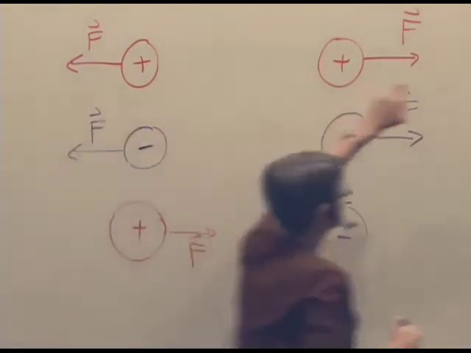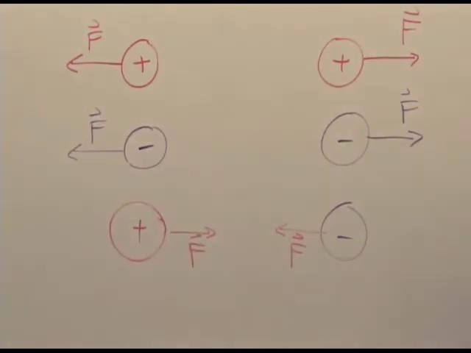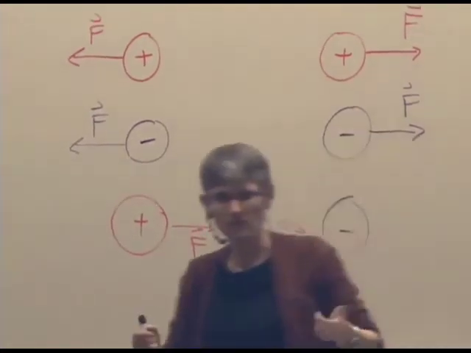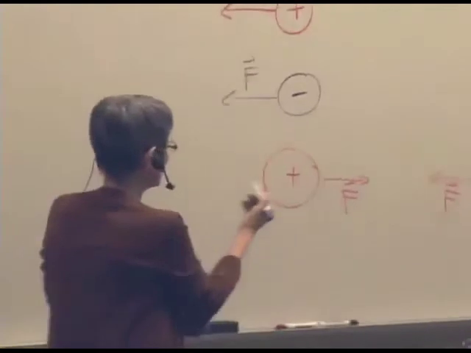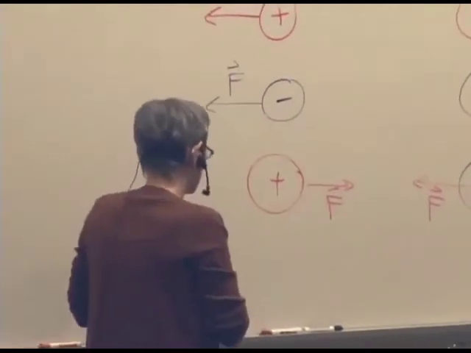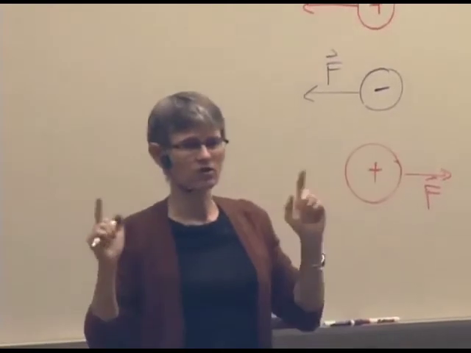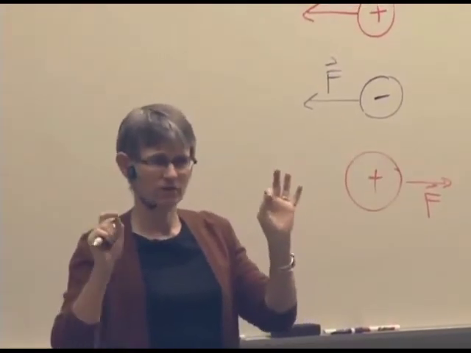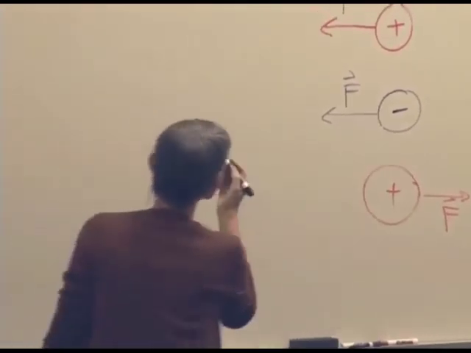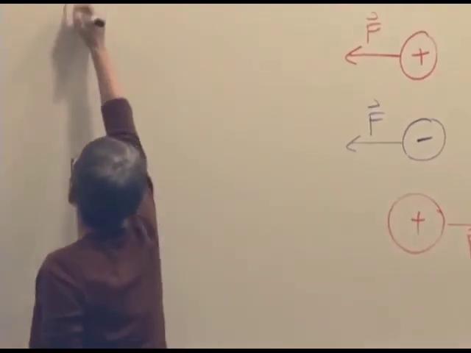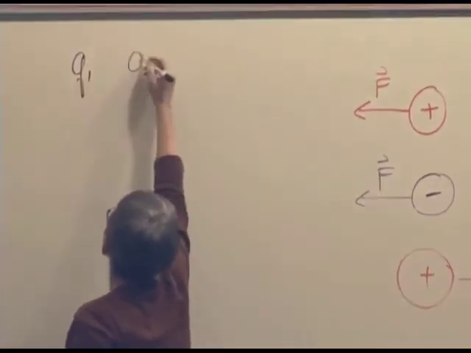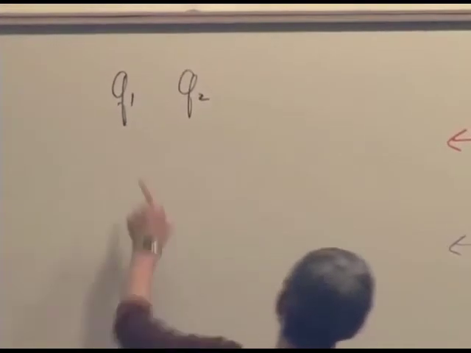And presumably there's going to be two charges here in the force equation. The symbol Q is usually used to represent the charge of an object. So we're probably going to have a Q1 times a Q2.